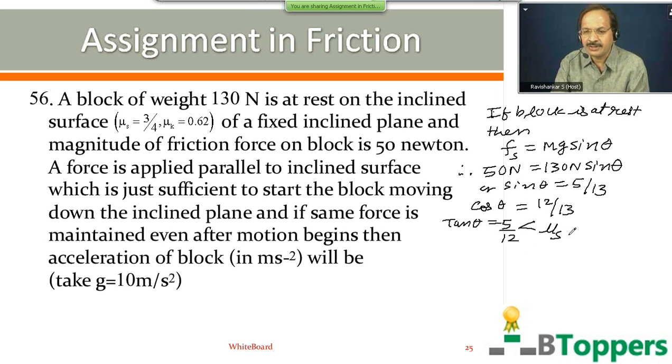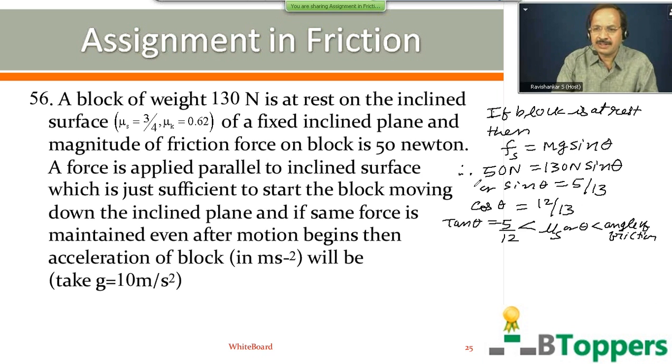That means here tan theta is less than mu s, or the angle of inclination of the inclined plane with the horizontal is less than the angle of friction between the two surfaces in contact. That's why the block was initially at rest on the inclined plane.